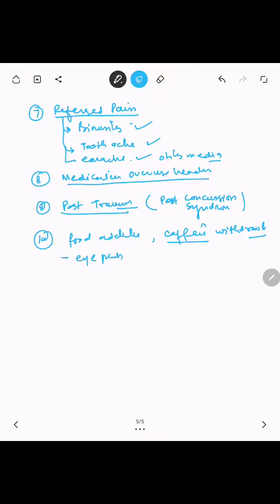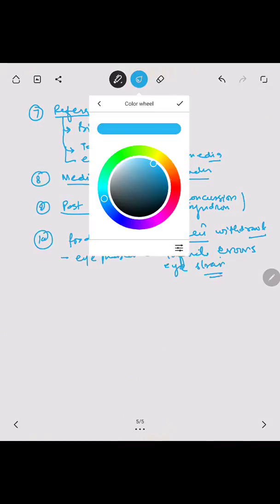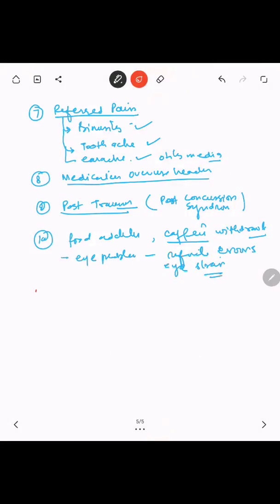Okay, then we have maybe post traumatic, we call it post concussion syndrome. Okay, you had trauma, maybe there is subdural hemorrhage. This is leading to the post-traumatic headache. Okay, there may be other causes like some foods, some food additives, caffeine.